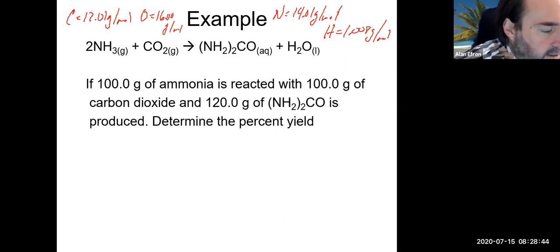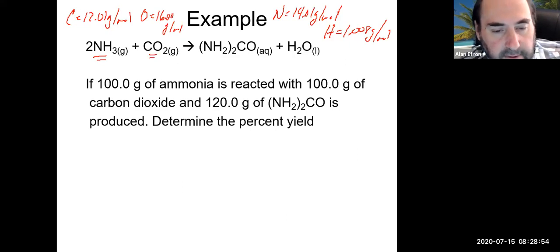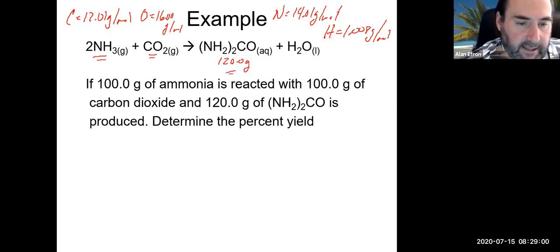All right, so let's take a look and see how we're doing. So we have 100 grams of ammonia, which is here, reacts with 100 grams carbon dioxide, which is here, produces 120 grams of this guy here. So again, some key highlights from what's given to us. We are given enough information for both of these to determine moles, which means that this definitely is a limiting reagent type problem.